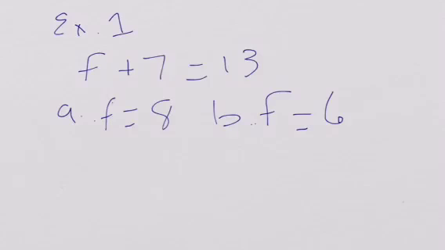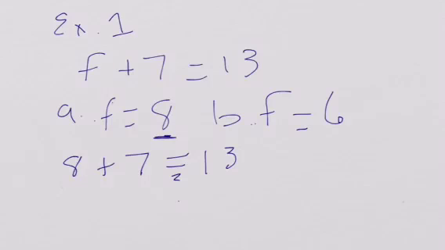In that first box under A, we see f + 7 = 13, right, the original equation. Now we're going to substitute in this A right there, and we're going to have 8 + 7 =? 13.